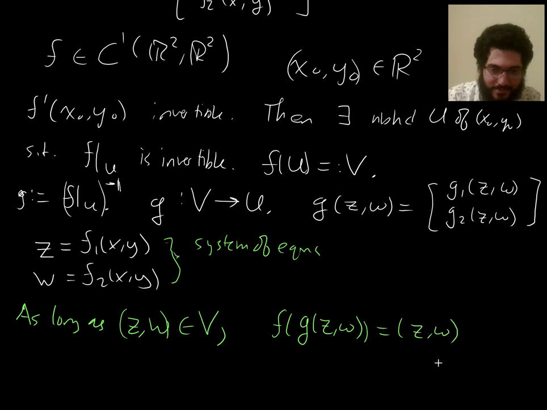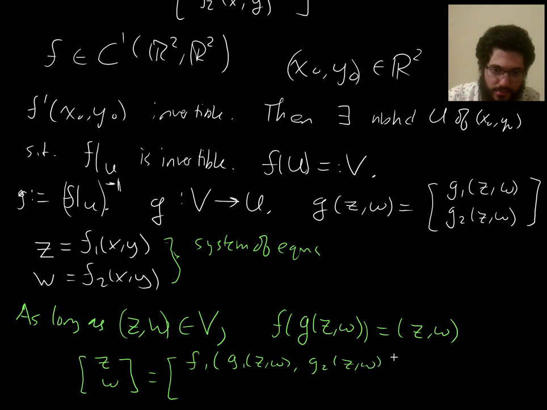(z, w) back, right? So in other words, writing things kind of vertically and in terms of components, that's telling me (z, w) equals f1 of g1(z, w), g2(z, w), and f2 of g1(z, w), g2(z, w).